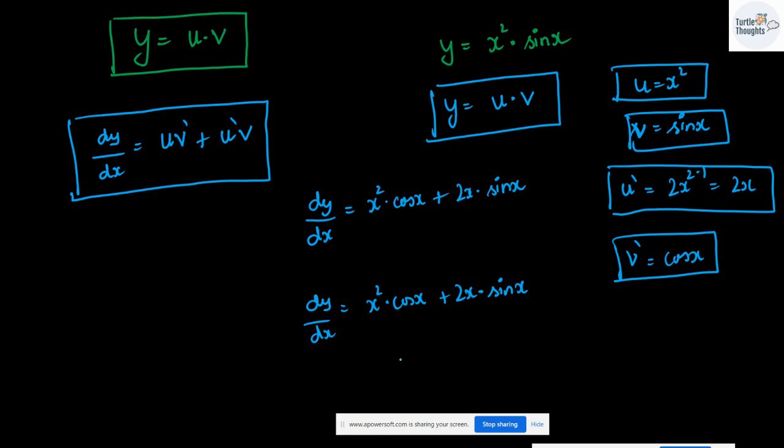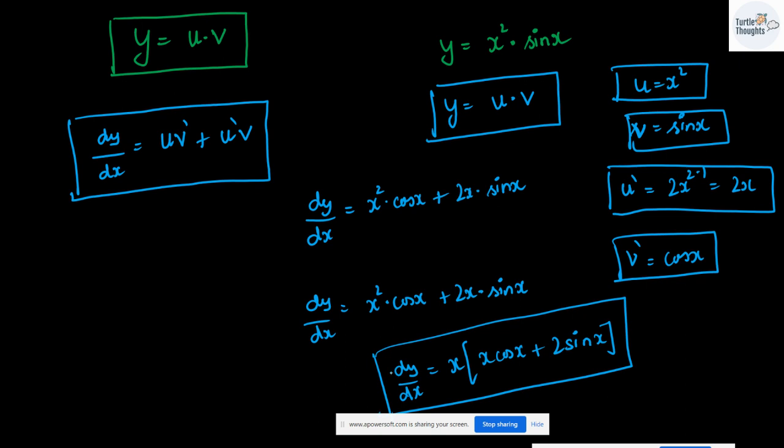You can take one x as common and write dy by dx as x multiplied by (x cos x plus 2 sine x). This is going to be your final answer when you consider the product. Is that clear? Yes?